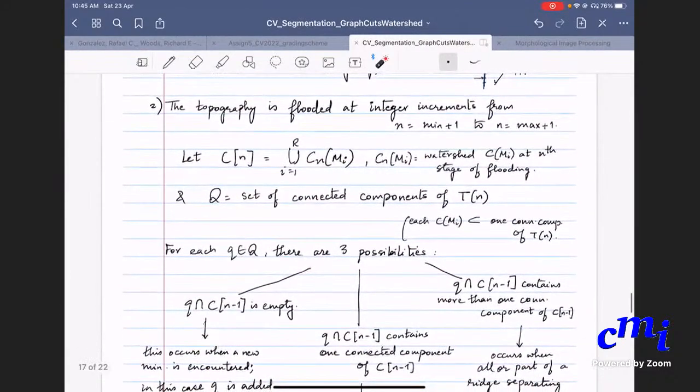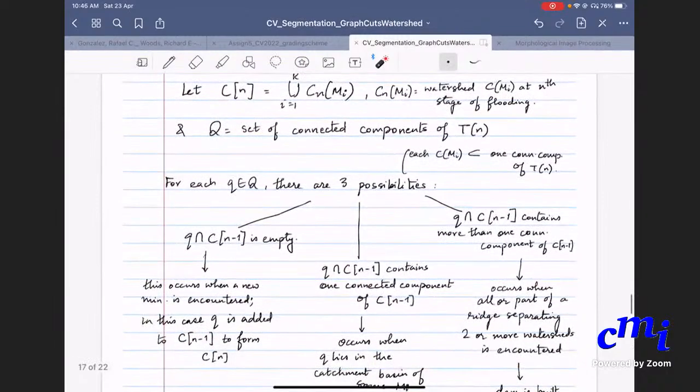Then at the first stage of flooding, which means when the water level rises from 0 to 1, there will be some number of connected watersheds. Those you take. So C1 will be C0(Mi) union C1(Mi), and so on. So at stage n, you look at all the watersheds at that stage of flooding, essentially.